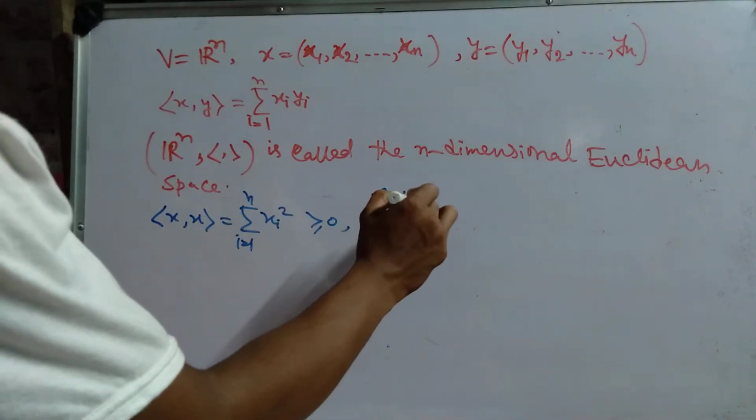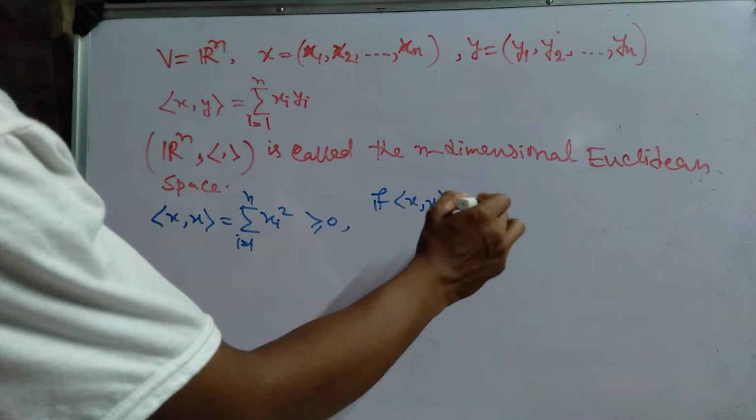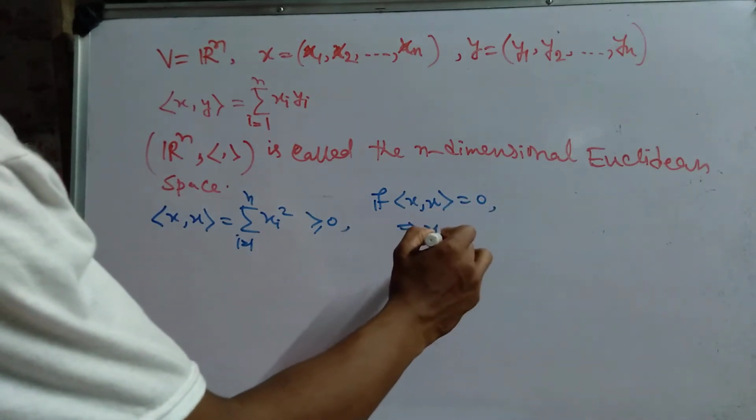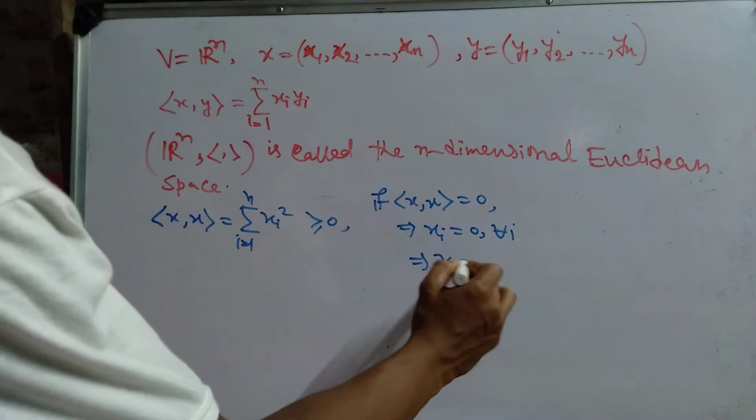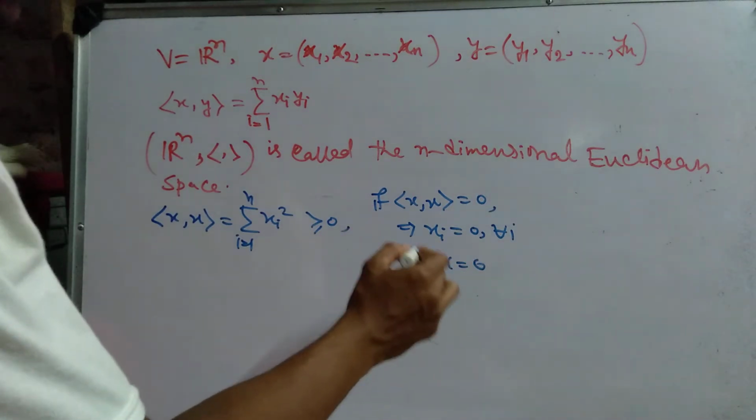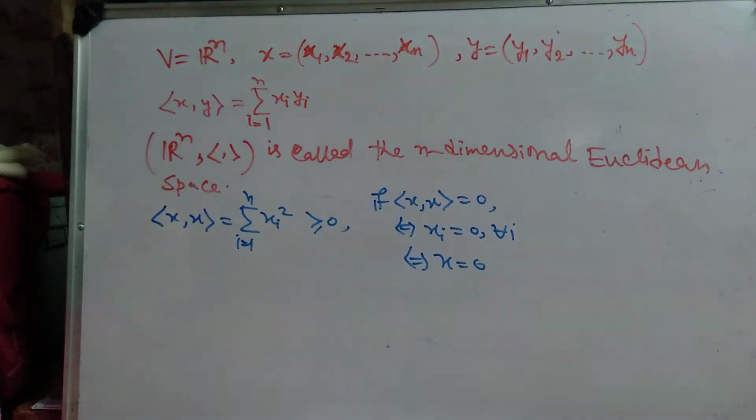If x equal to 0, this implies that xi equal to 0 for all i, which implies that x equal to 0, and x equal to 0 also implies this.